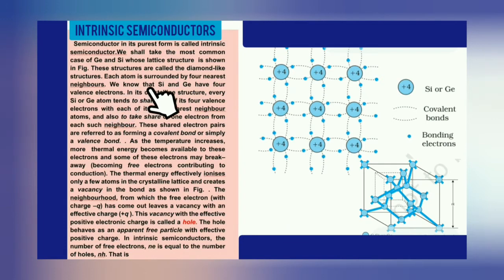We know that silicon and germanium have 4 valence electrons. In its crystalline structure, every silicon or germanium atom tends to share one of its 4 valence electrons with each of its 4 nearest neighbor atoms, and also to share 1 electron from each such neighbor.